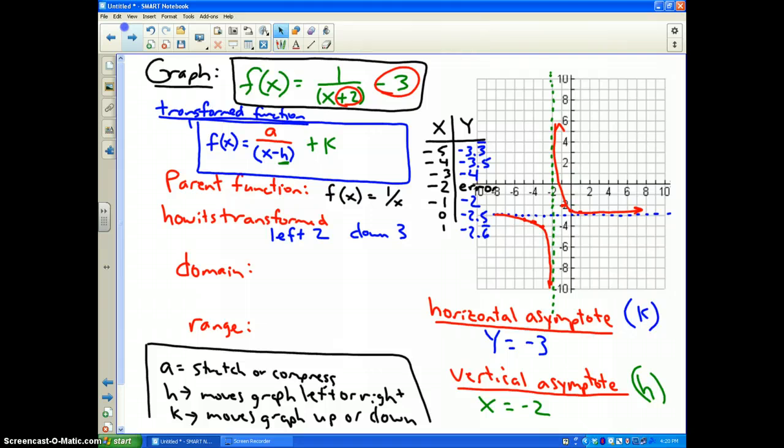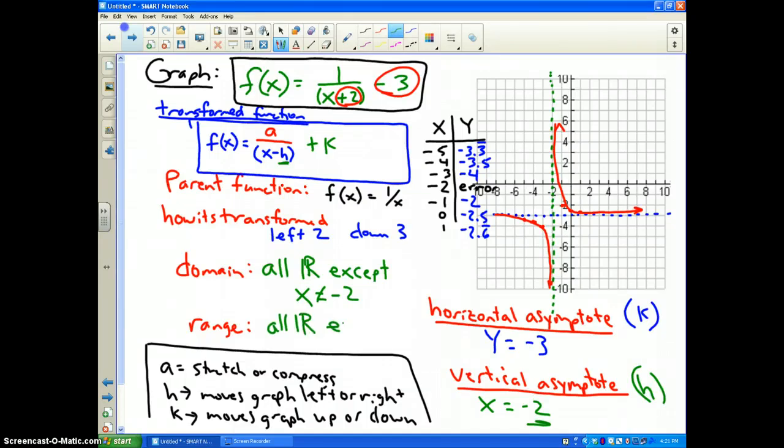Domain. Well, what's the domain going to be? The domain, again, is going to be all real numbers except the x value that I cannot put in there. X cannot be -2. I cannot pick -2 for my domain. The range will be all real numbers except what y value can you not attain? Well, the y value you cannot attain is -3. So except y will not be -3.